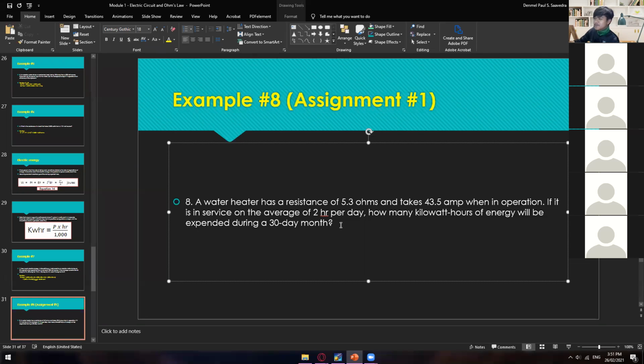So please write legibly. And not just write legibly. Upon taking the picture, let's say you have your camera, you must have proper lighting. It must be bright enough for me to easily see it.